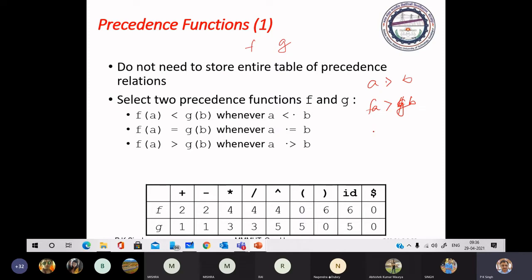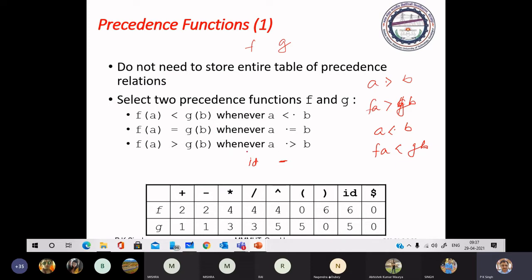Similarly, if we have this relation, then f of A has a lesser value than g of B. Suppose we have to identify the same case, ID and minus.